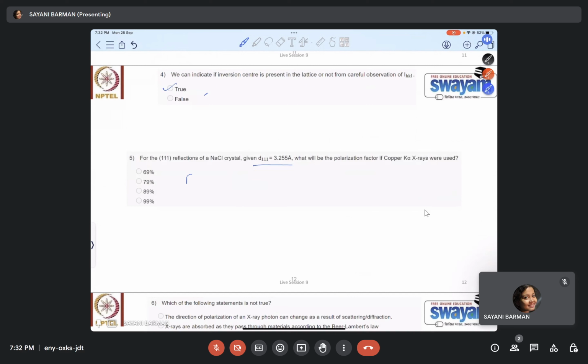There is one formula for X-ray diffraction. If I relative hkl, if F hkl is the structure factor, we can write it as F hkl squared divided by L into P. And you all know L is the Lorentz factor and P is the polarization factor.